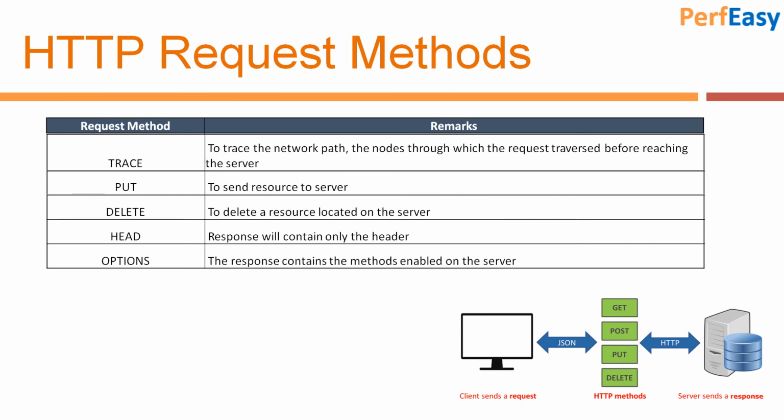Why? Because if put is enabled, I can upload a file, which can also be a virus. To make sure that no one is able to upload some payload which is not required, or some virus or some other thing, put has to be disabled.